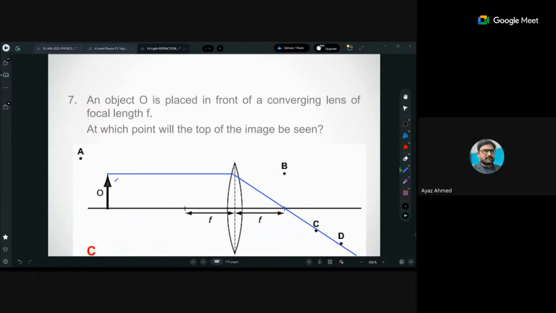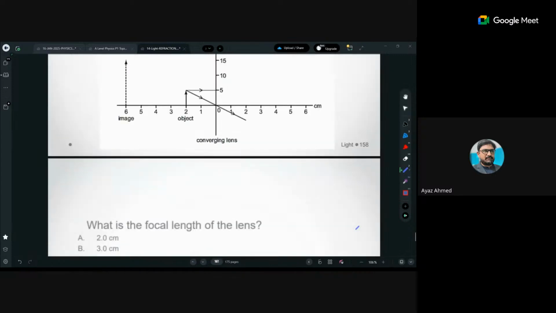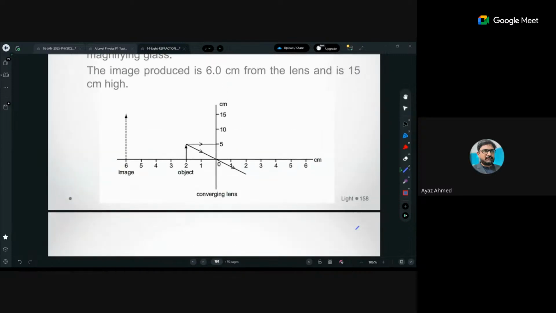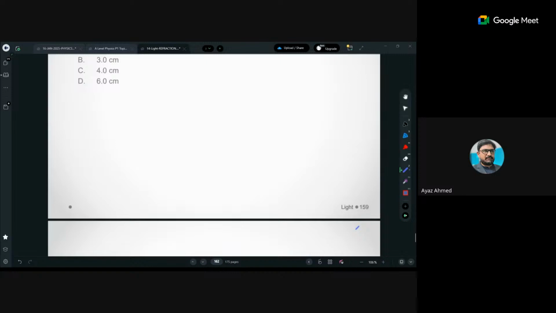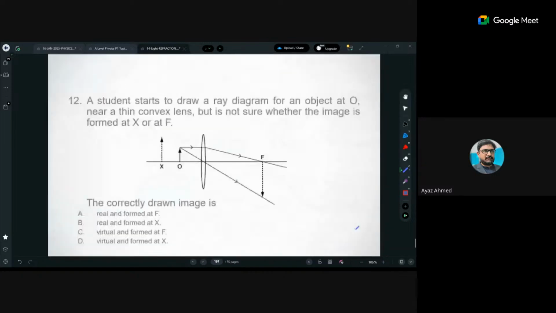Almost C is the correct one because you see the formation. That's it. Life will become easy for you if you are able to handle what I have delivered to you.